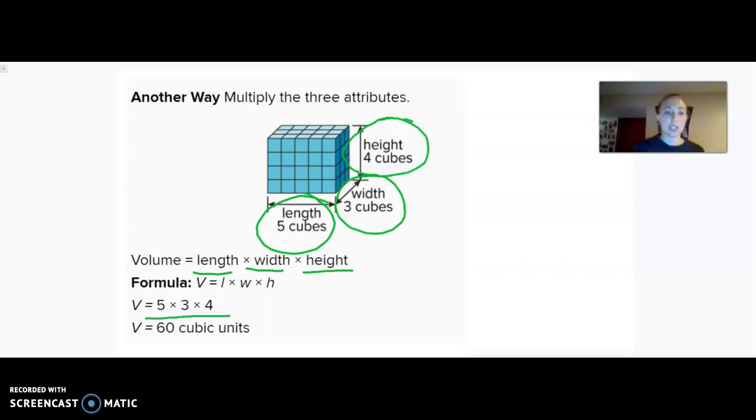We multiply them together. 5 times 3 times 4 is 60. So that's that same rectangular prism as before, just in a slightly different way. Remember how we had to multiply to get the area of the base? That's really just telling you, I do length times width to get that. So I think this way is maybe a little more straightforward if you're feeling confused.